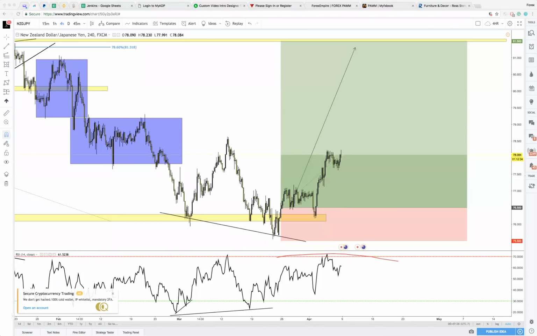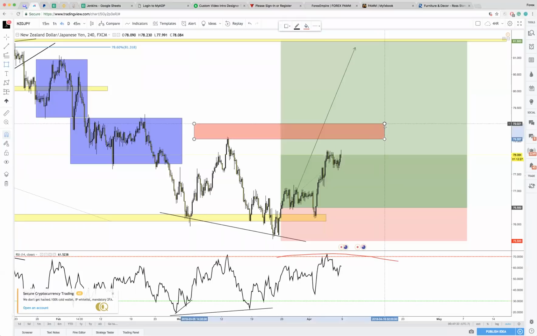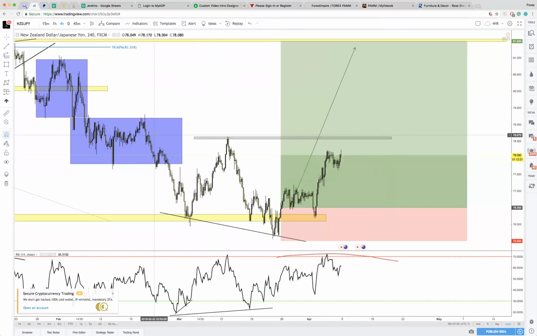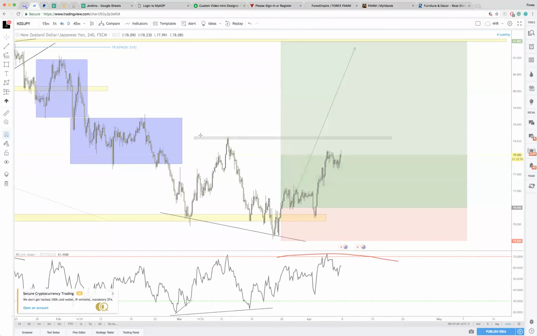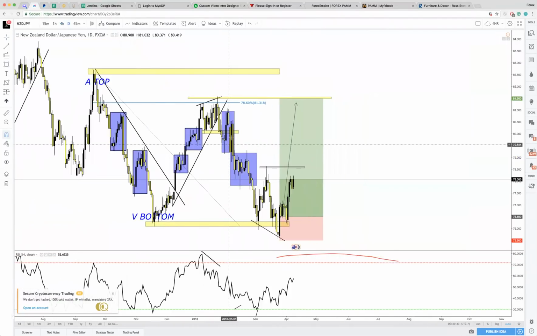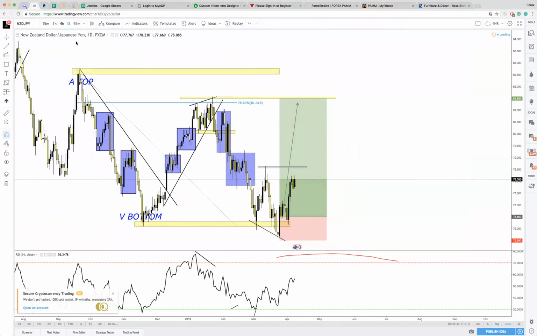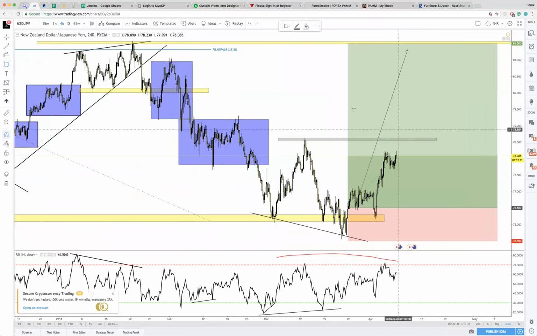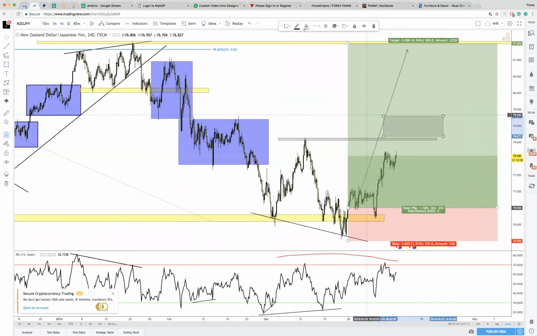All right, guys, so this one is a nice trade that's going to the upside, but we're just going to wait it out and let it play out, but wait for this breakout though. You have to wait for this breakout.